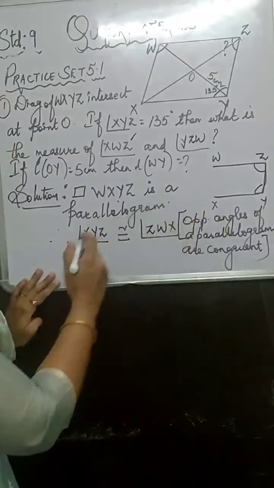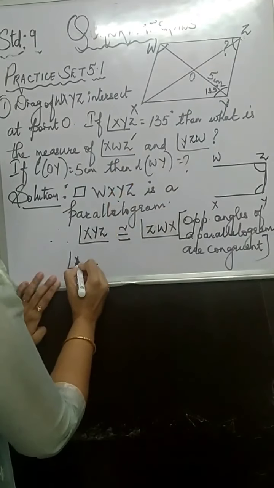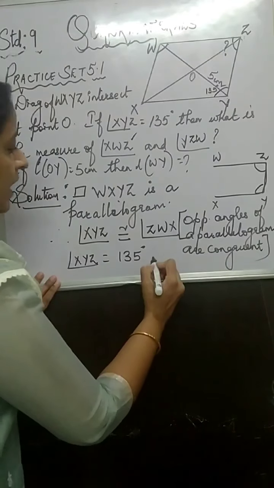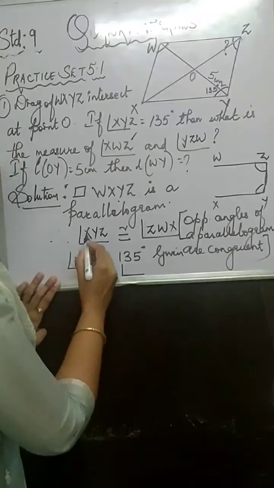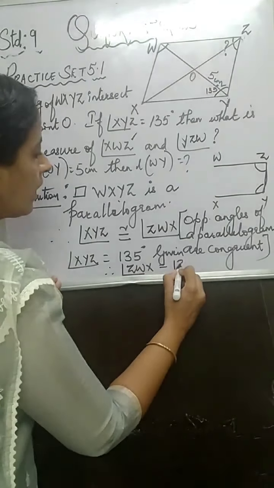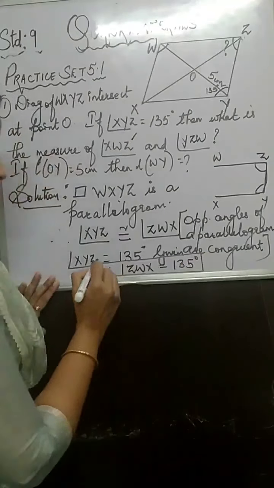Written? So, which angle is given? XYZ is equal to 135 degrees, given. Therefore, angle ZWX will also be 135 degrees. Put it in a box.